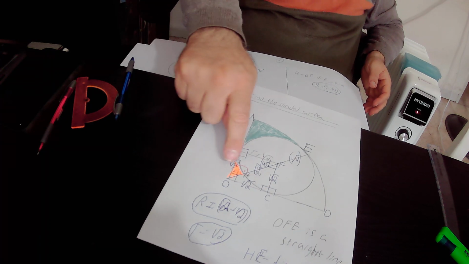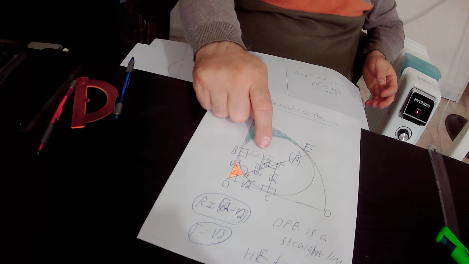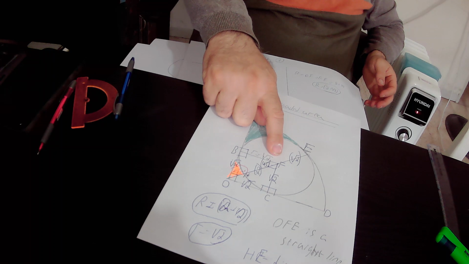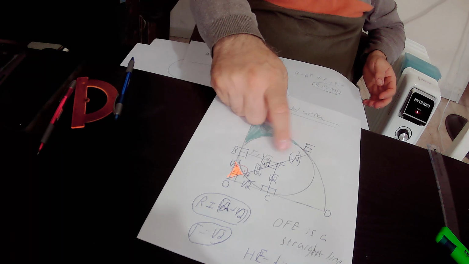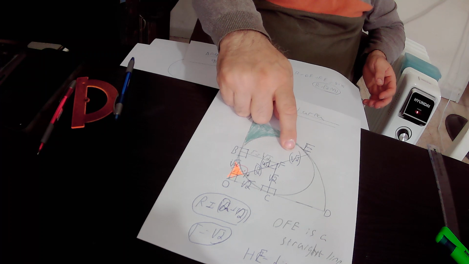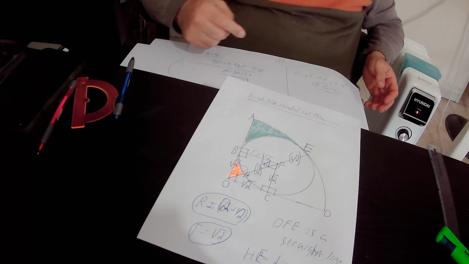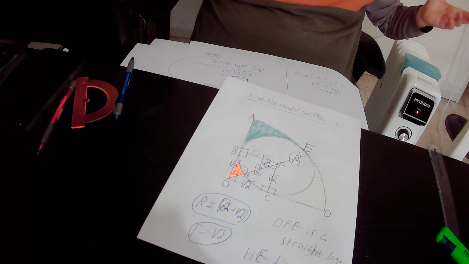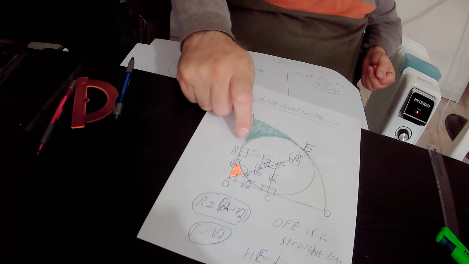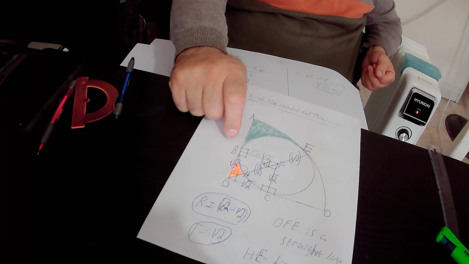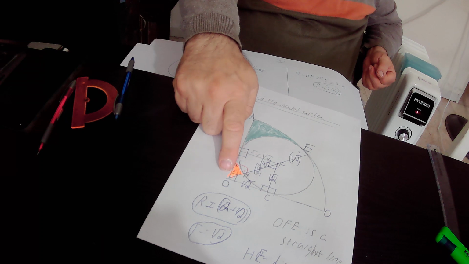And you also know that OFE is one straight line. Here point F is the center of this circle, point E is a point on the circle itself, therefore FE is the radius of this small circle. This equals the square root of 2 units in itself, according to what is given in the question. So in total, the radius of the big circle, we define the radius of the big circle as capital R. Here point O is the center of the big circle and the quarter circle also.